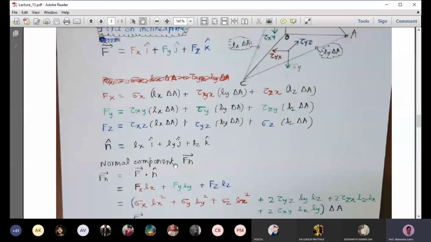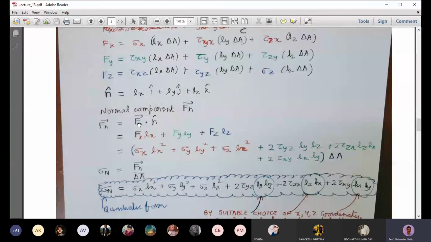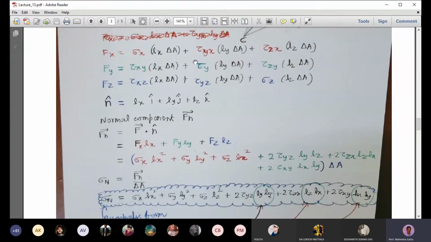and we want to find the normal component of the force vector. So we take a dot product with the normal, F dot n. Here n is Lx i cap, Ly j cap, Lz k cap. So we get Fx Lx plus Fy Ly plus Fz Lz. If you do that calculation, we have sigma x Lx square, sigma y Ly square, and sigma z Lz square.